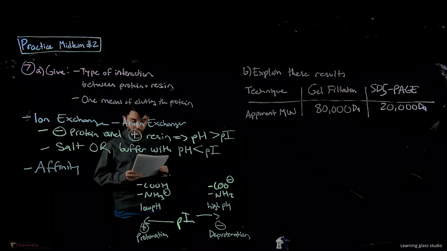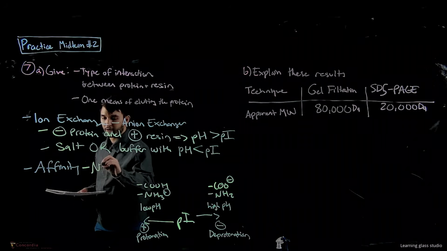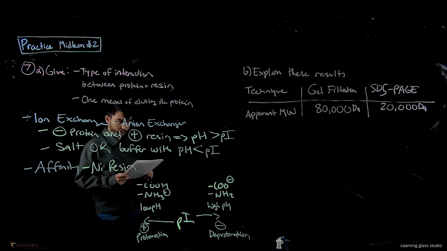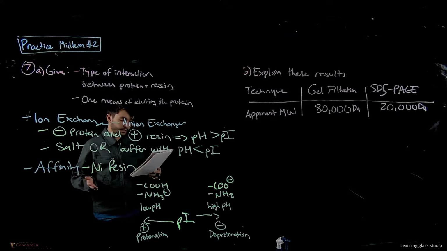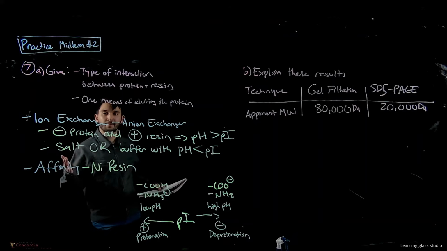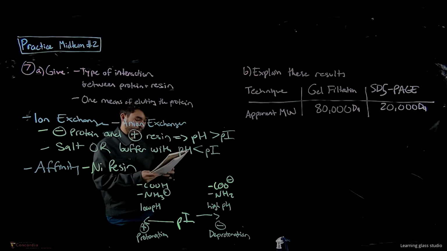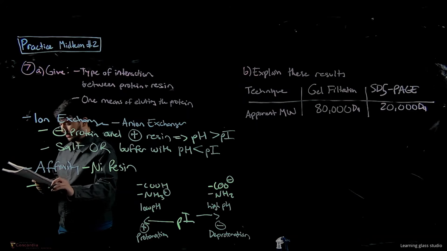Okay, affinity chromatography. So this is using a nickel resin. Forgot to write that earlier. So essentially affinity chromatography uses some sort of thing like an antibody or an ion to catch a very specific protein. So this will be an interaction with a his tag.